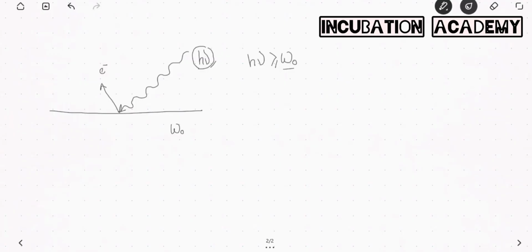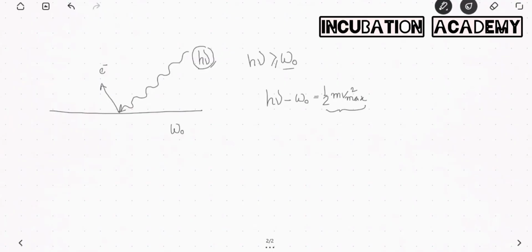So it is designed this way: if you give h nu amount of energy to an electron, it absorbs W naught amount of energy to come out, and the rest of the energy, that electron which now becomes the photoelectron, because it comes out from the surface by absorbing the photon, has that much energy when it comes out from the surface. That is h nu minus W naught.